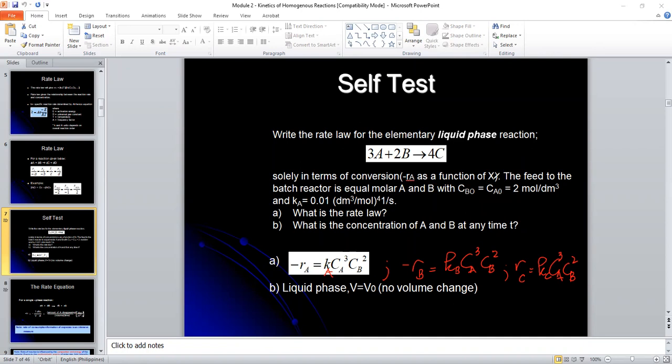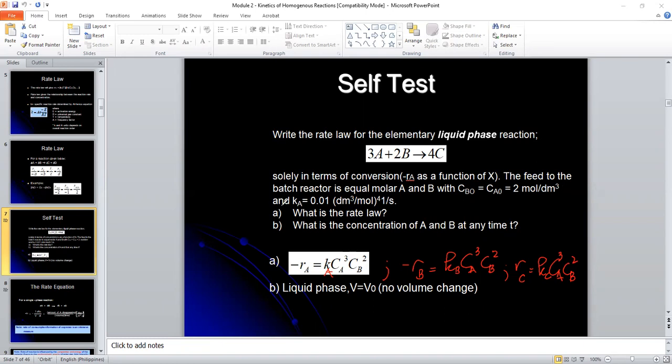Now, we write the rate law for the elementary liquid phase reaction solely in terms of conversion, so that r sub A is a function of X. The feed to the batch reactor where this reaction is happening is equimolar in A and B. Meaning the concentrations of A and B that enter our reactor are equal, with the same value of 2 mole per decimeter cube.